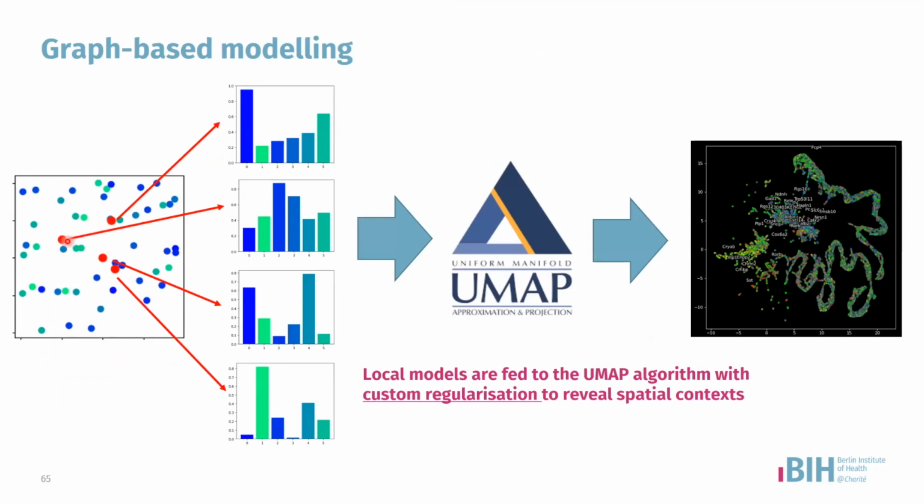Once we have these local graphical models for each of the individual molecules, we can then represent this using a UMAP algorithm, which is regularized in a custom way to optimize it to reveal intricacies about the spatial context.